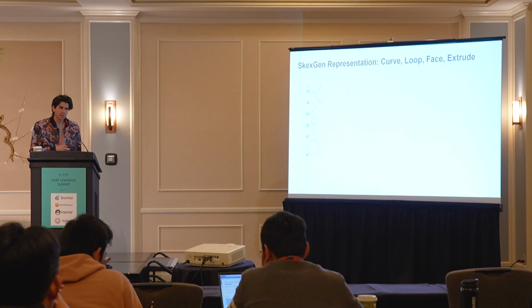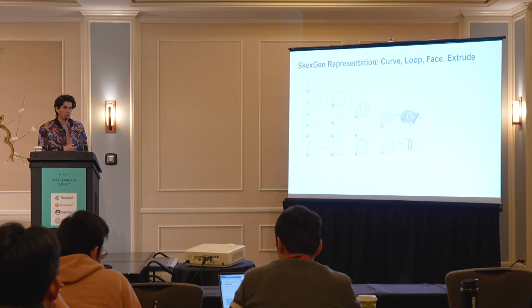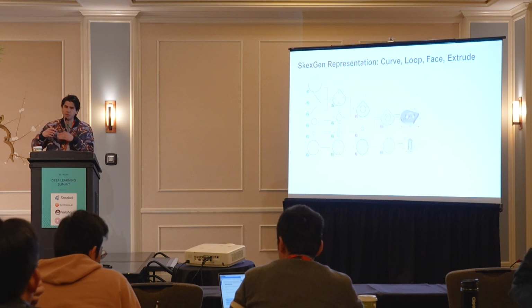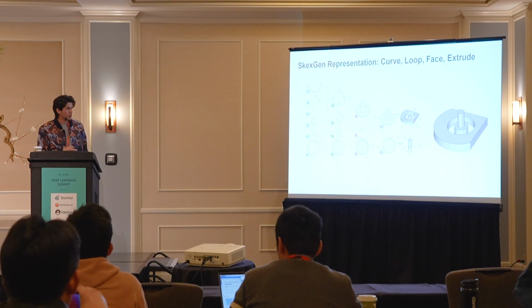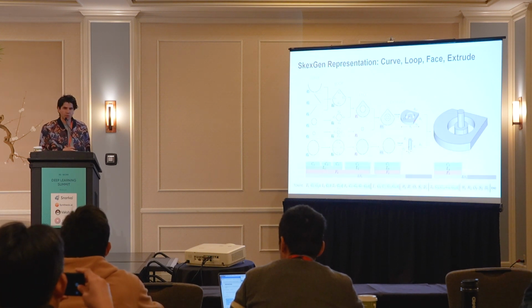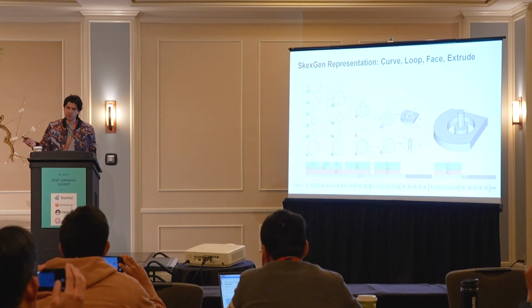We represent this by having curves that form loops, that form faces, that then form extrusion operations, and we build them up from the ground up. They all get reduced to a series of tokens that are then fed into the transformer architecture.